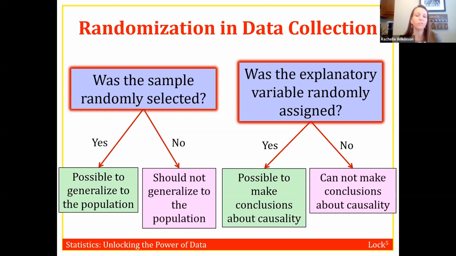You were randomly selected for me to cause you a lot of pain. So instead we have to get a volunteer if we're going to do that. So if our end goal is to generalize to the population, we want to make sure we get a random sample. And if our end goal is to show a cause and effect relationship, then we want to make sure that we're doing an experiment. So that's the gist of it, and the 2 types of inference that we can draw based on that. All right, we're totally out of time.